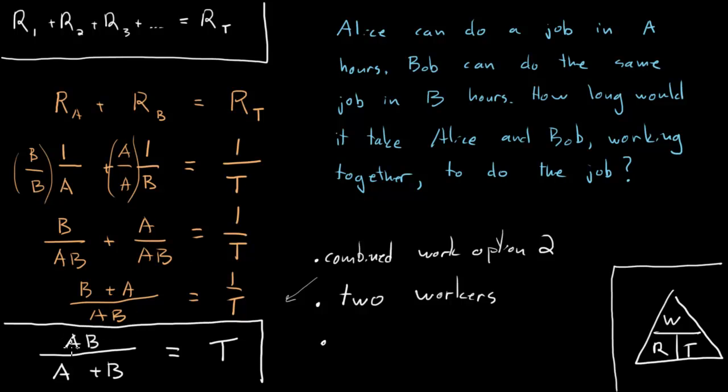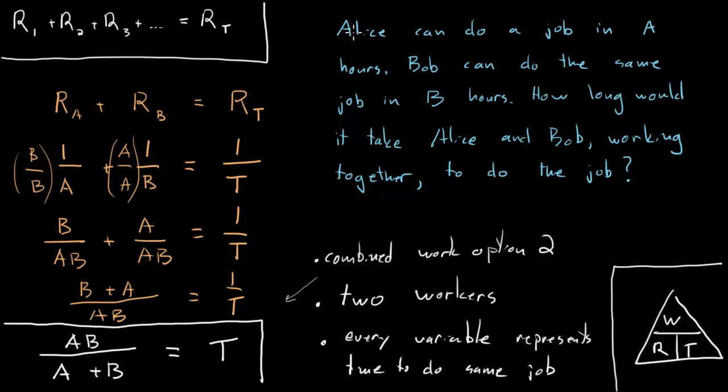So each of these variables, A, B, and T, every variable represents time. Every variable represents time to do the same job. And that's important.